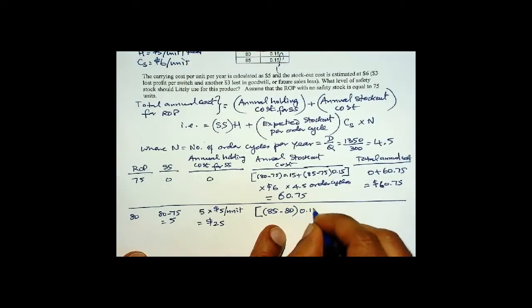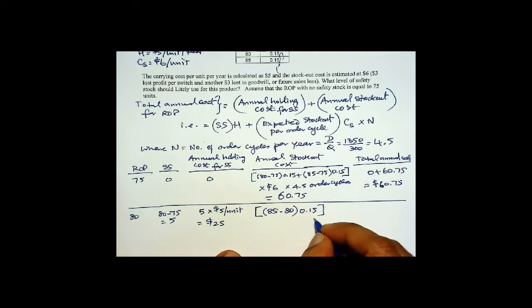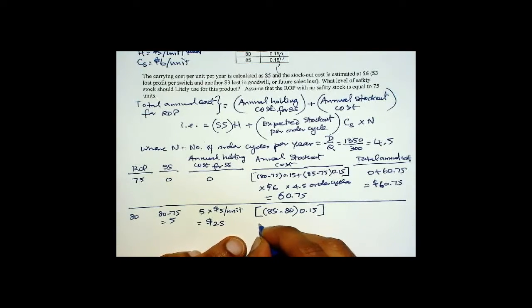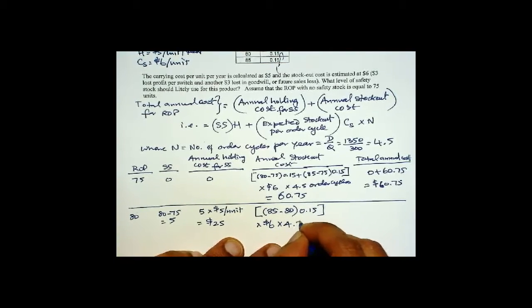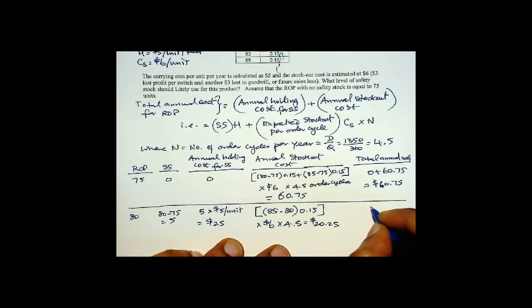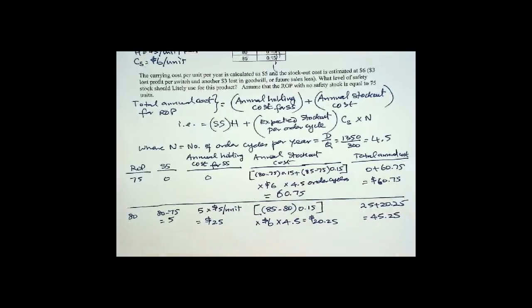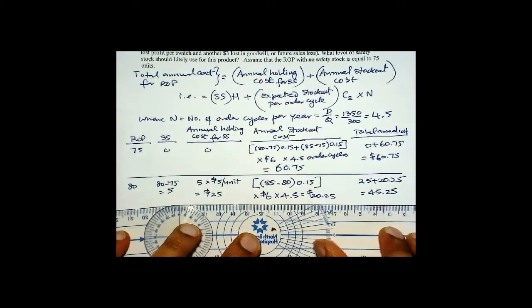That expected stock out times $6 times 4.5 order cycles will give you 20.25. So your total annual cost is 25 plus 20.25, equal to 45.25. So that is the second case.